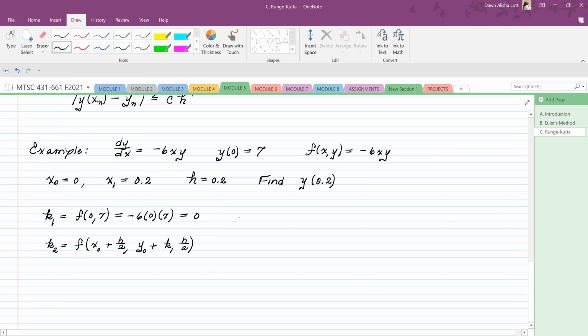So x naught plus h over 2 for us is simply 0.1. So this turns out to be f of 0.1, and y naught, as we know it, is 7. And K1 was 0, so I don't have anything. So this is negative 6 times 0.1 times 7. So that's negative 4.2.